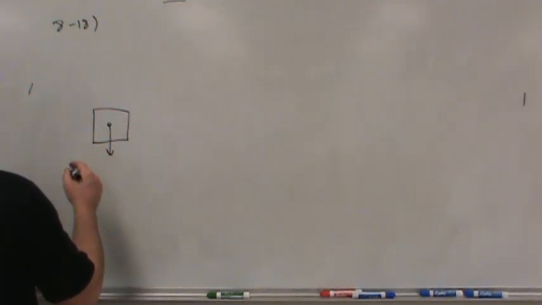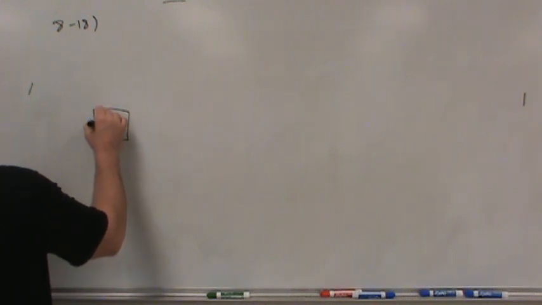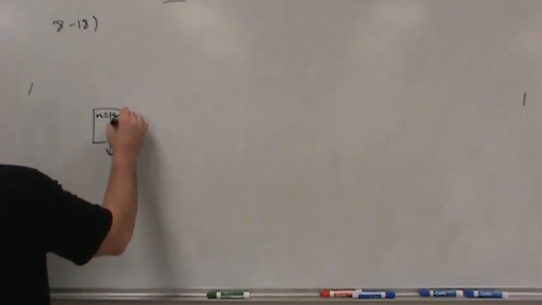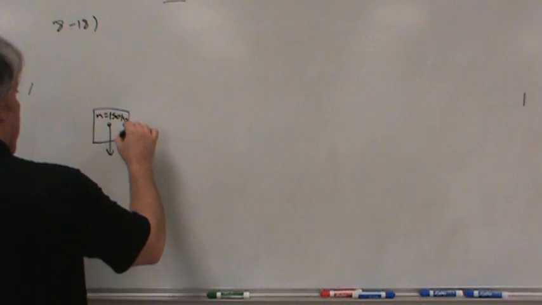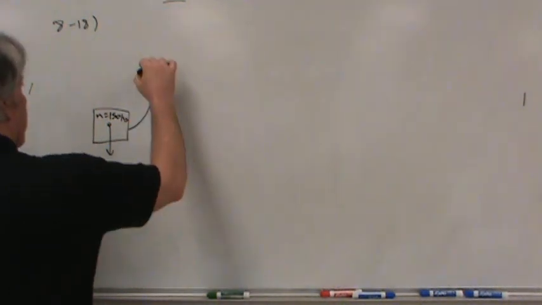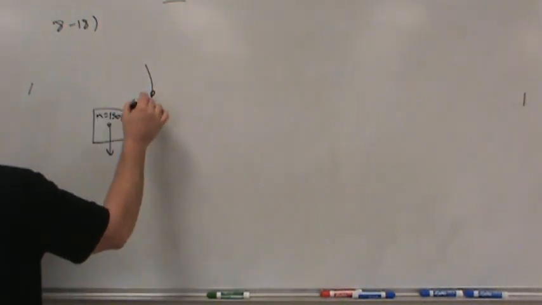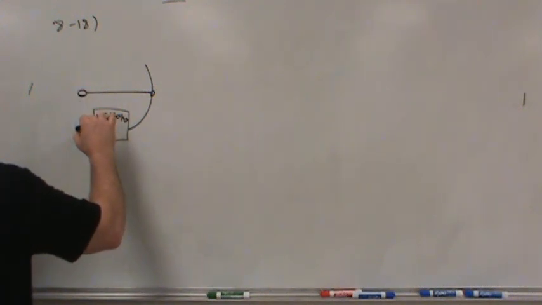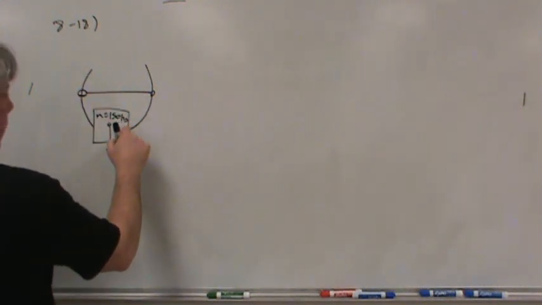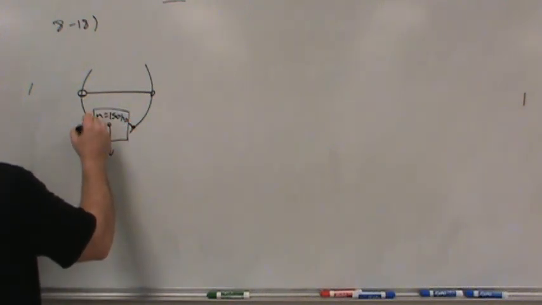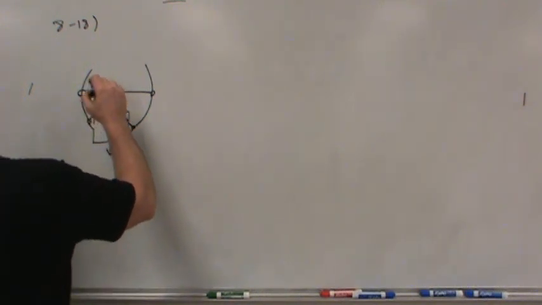So we've got some mass. The mass is 150 kilograms. And there's a whole gripping structure that looks something like this. And I guess I should include the fact that there's feet connected here.